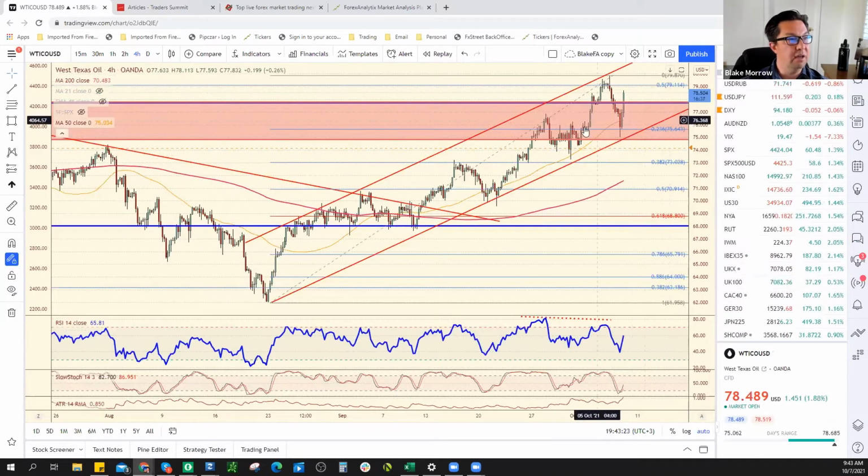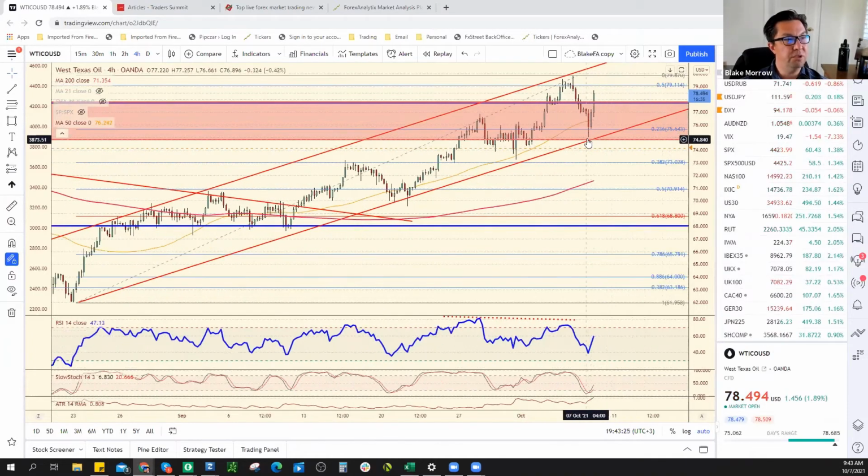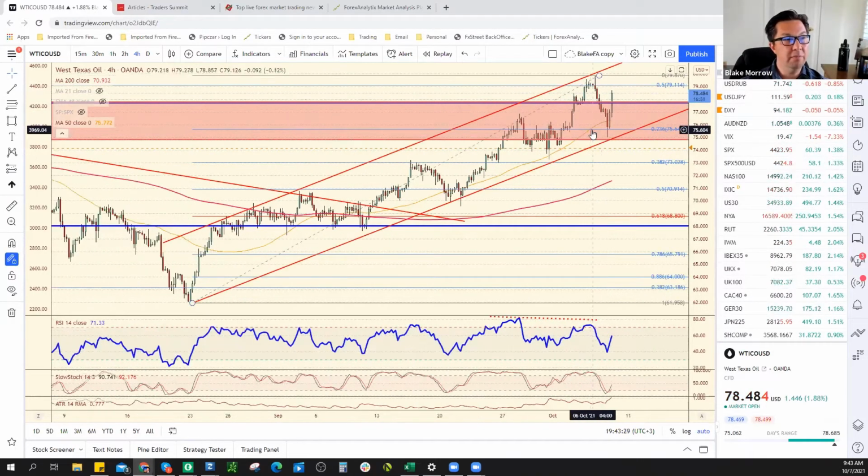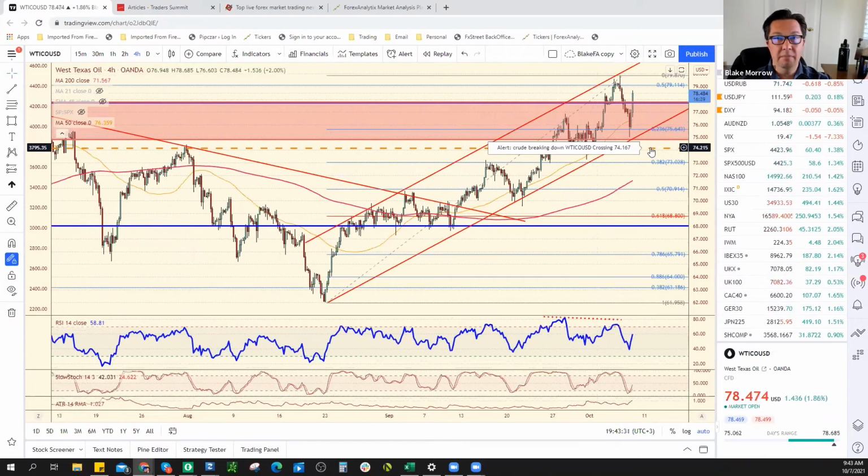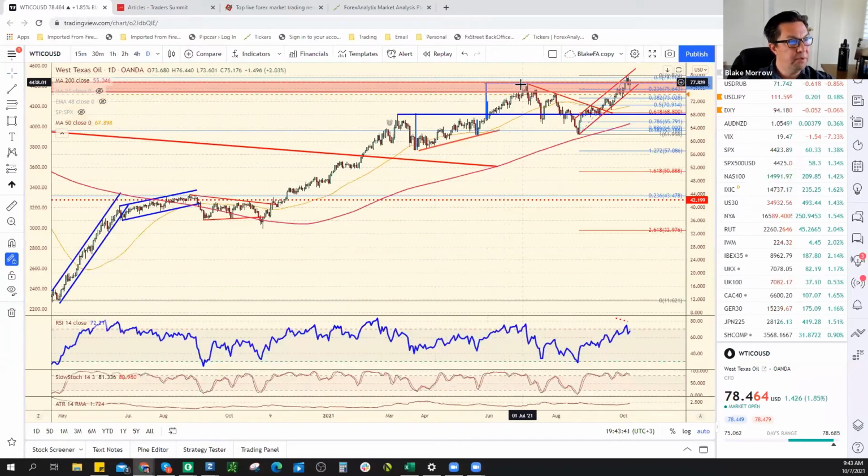It's got a channel support, held it. We bounced quite aggressively from that. And as I sent out a tweet a little bit earlier, I think if we can close above 76.50, that's what bulls are looking at, because that's a big breakout point, right? The bulls want to hold that. So I think where we close tomorrow is going to be really important.